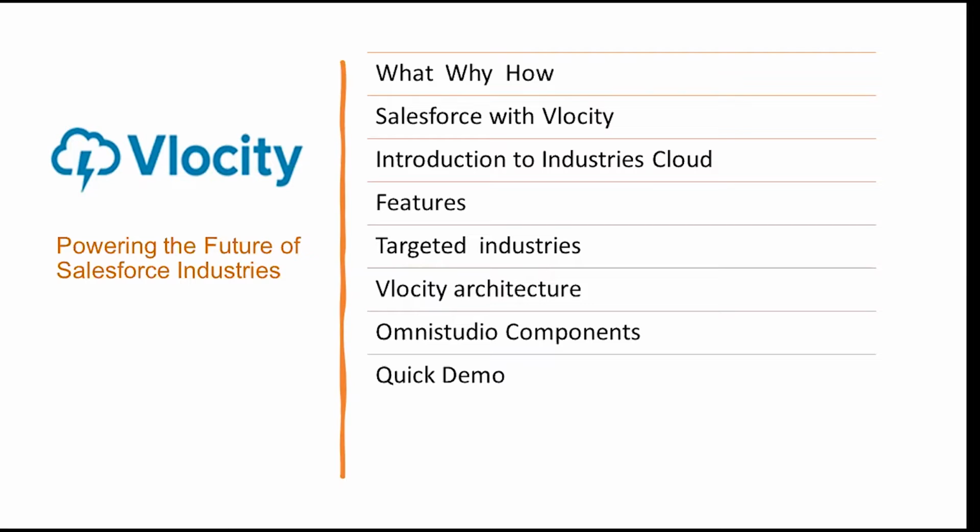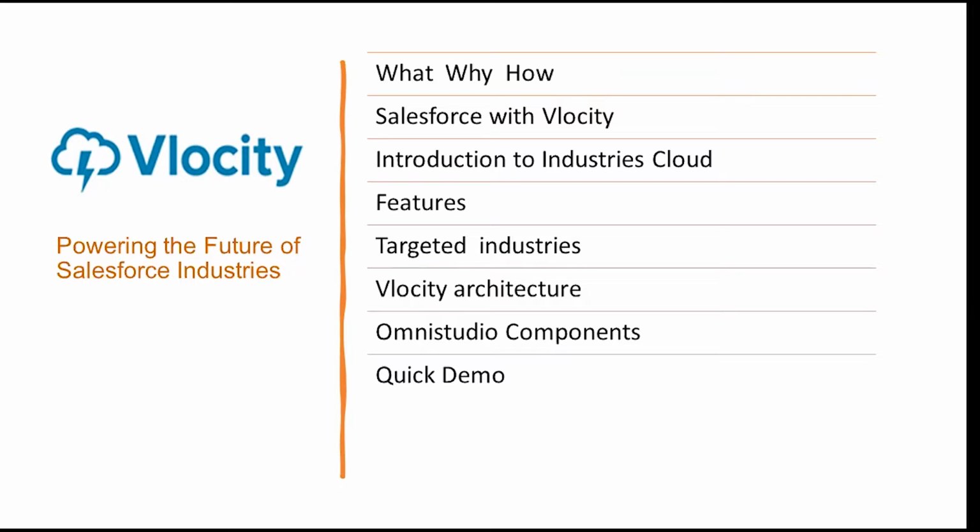Then we move to the essential difference. What is Salesforce, how we need to use Velocity, the difference between Salesforce and Velocity, and an introduction to the industry cloud. What are the industry clouds? Then we move to some of the features. I cannot tell all the features here, I have picked some important features of Velocity. Then we move to the targeted industries.